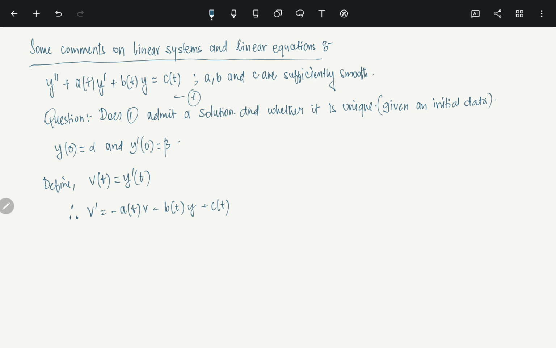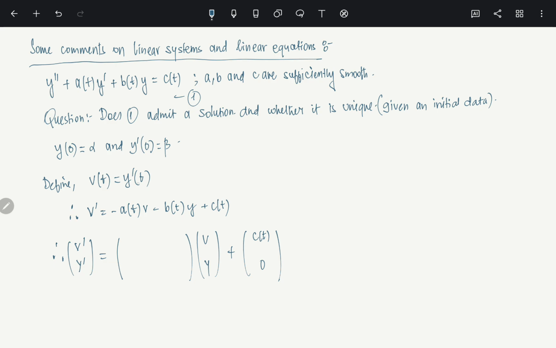Now if you write it in terms of a system, we have v prime, y prime equals the matrix times v, y plus c t, 0.